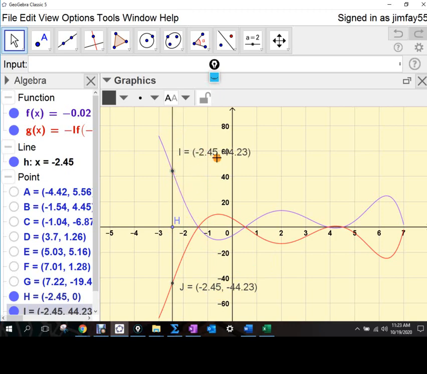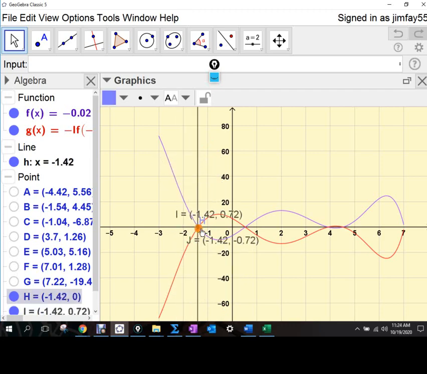Is this I coordinate, -2.45, 44.23, the same ordered pair as this one, but the y values are only opposite? That make sense to everybody?